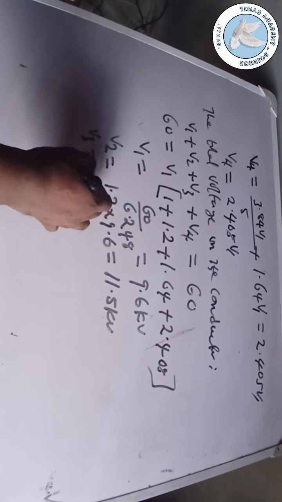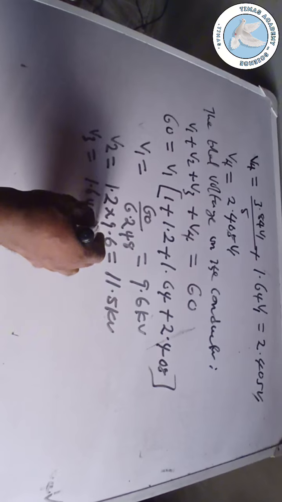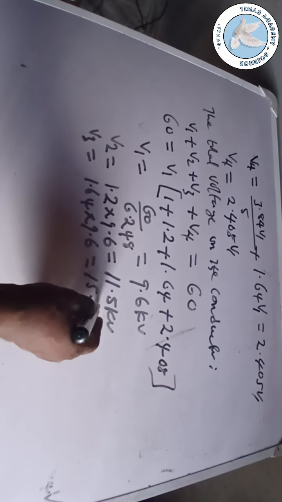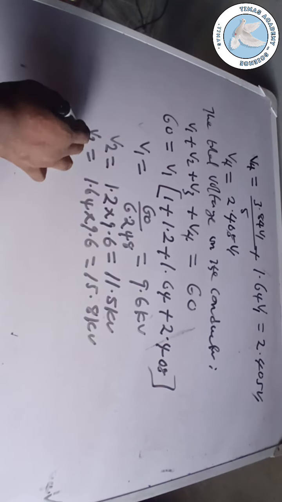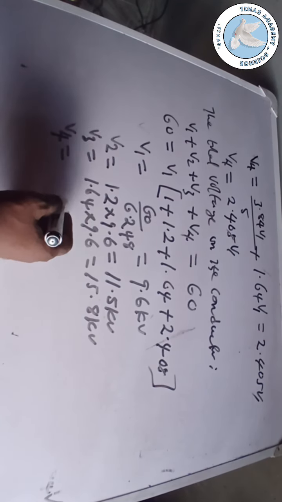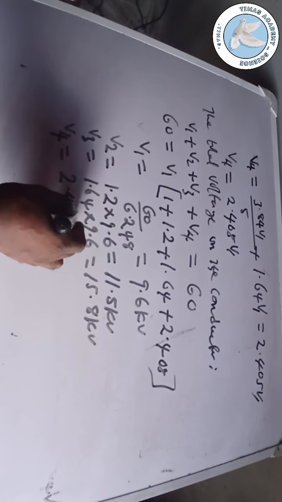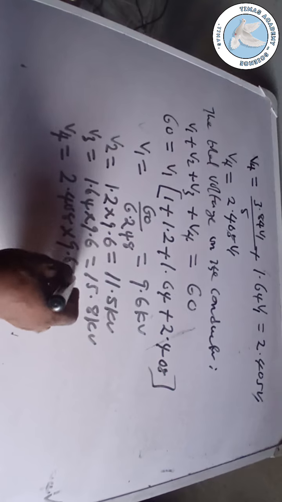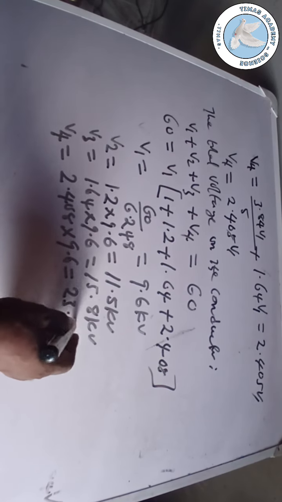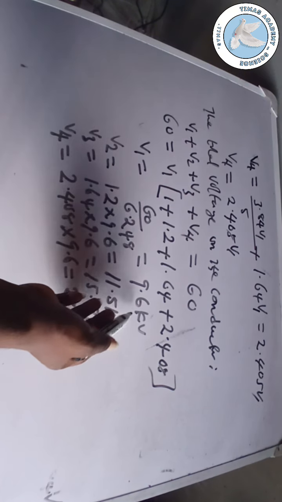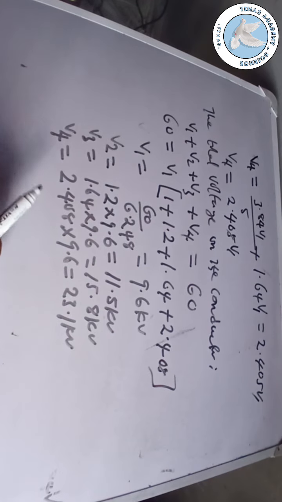V3 is 1.64 times 9.6, which is about 15.7 kilovolt, and V4 is 2.408 times 9.6, and we have 23.1 kilovolt. So having done this, we have seen each of the units and the voltage across it.